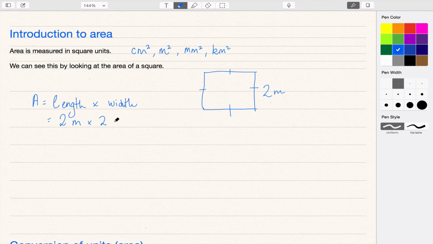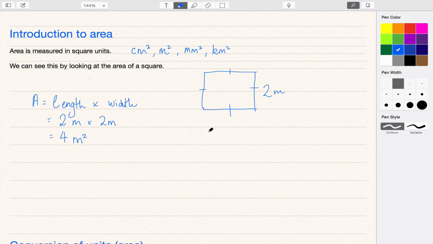I'm putting the units in here: 2 meters times 2 meters. If we think of this like an algebra problem, 2 times 2 we get 4, and m times m we get m squared, meters squared.